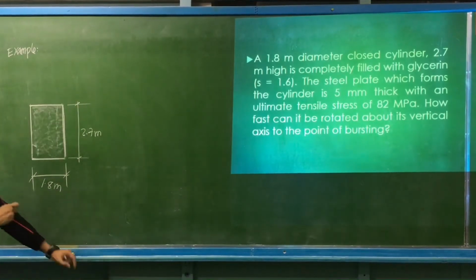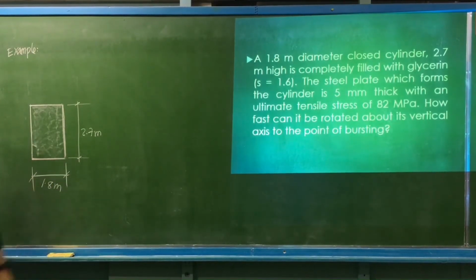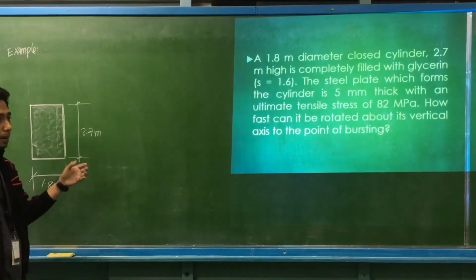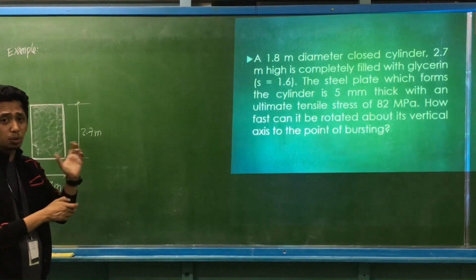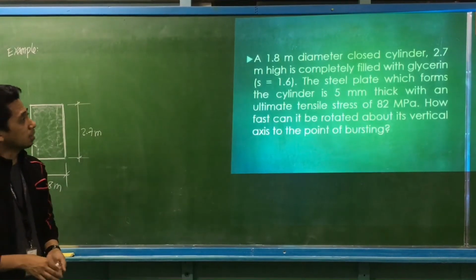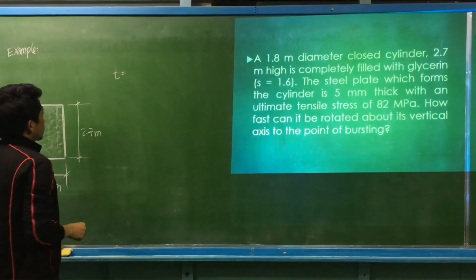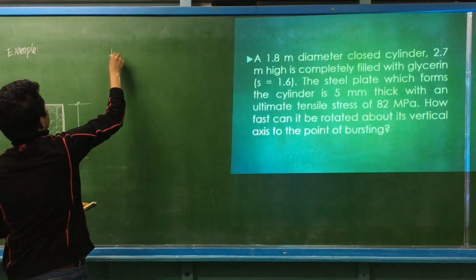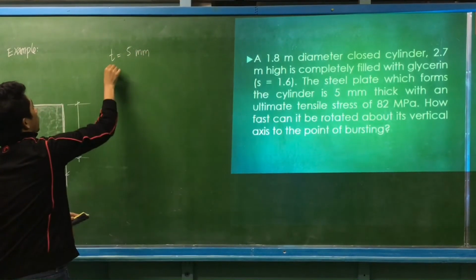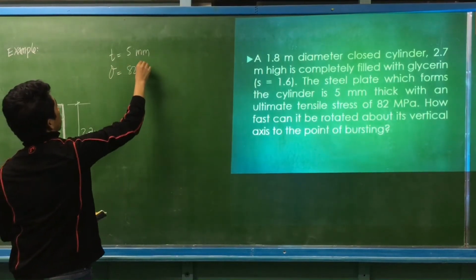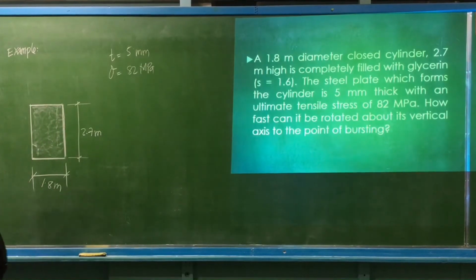How fast can it be rotated until it bursts? It's similar to pressurized containers with liquid, like Coke in a can. So, given the thickness equal to 5 millimeters, the allowable stress of the material is equal to 82 megapascals. So they are asking how fast the rotation is.